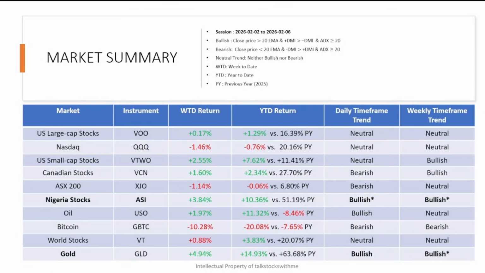We begin this week's recap with the US small cap stocks, which we track by the performance of the ETF VTWO, which is an ETF that is managed by Vanguard. This past week, it printed 2.55%. Year to date, VTWO has delivered a return of 7.62%.